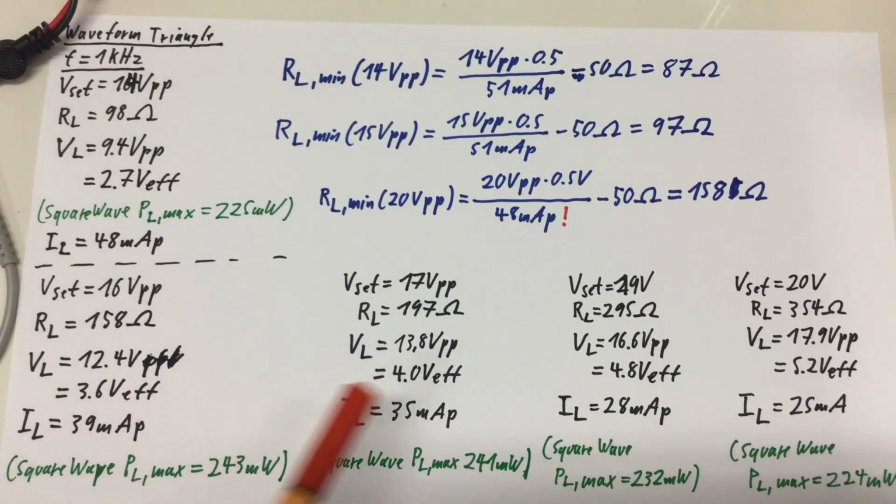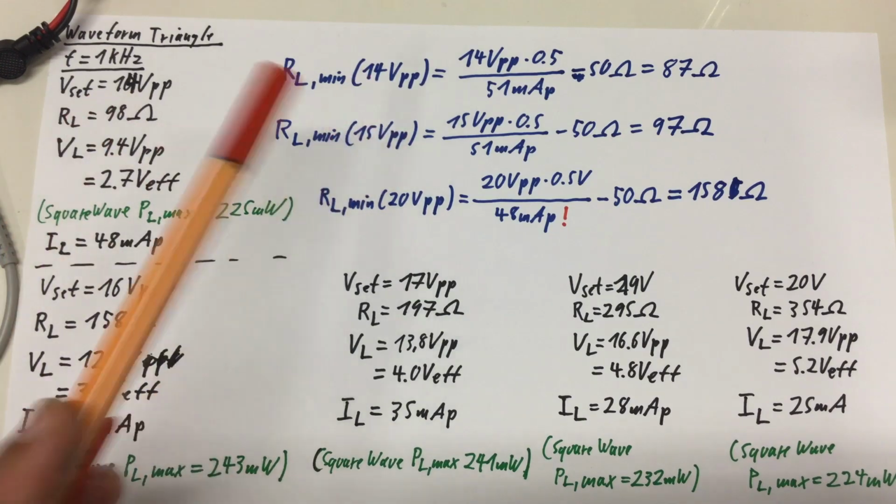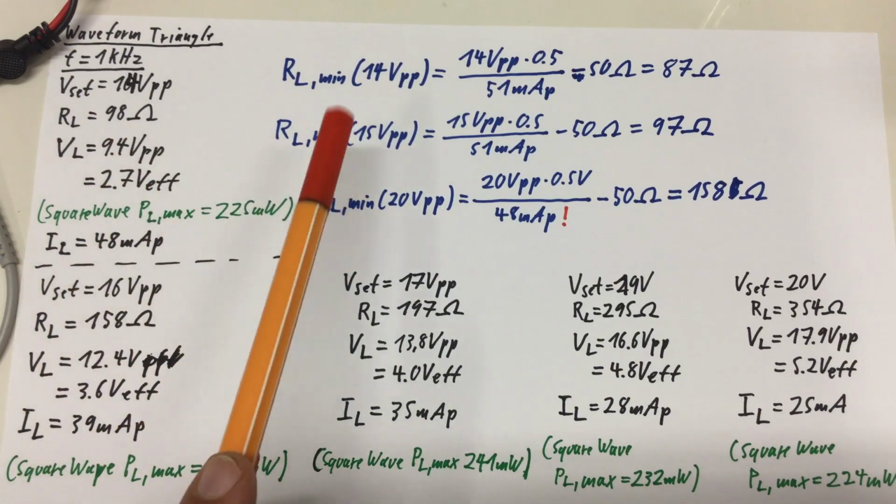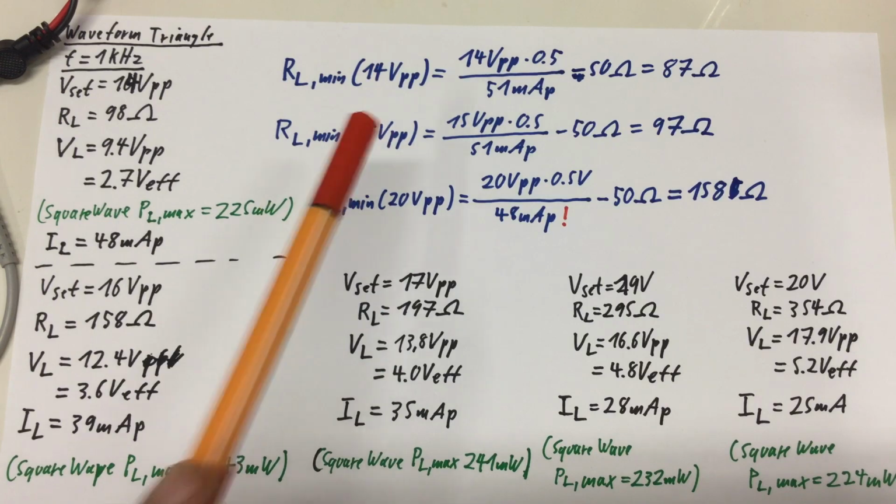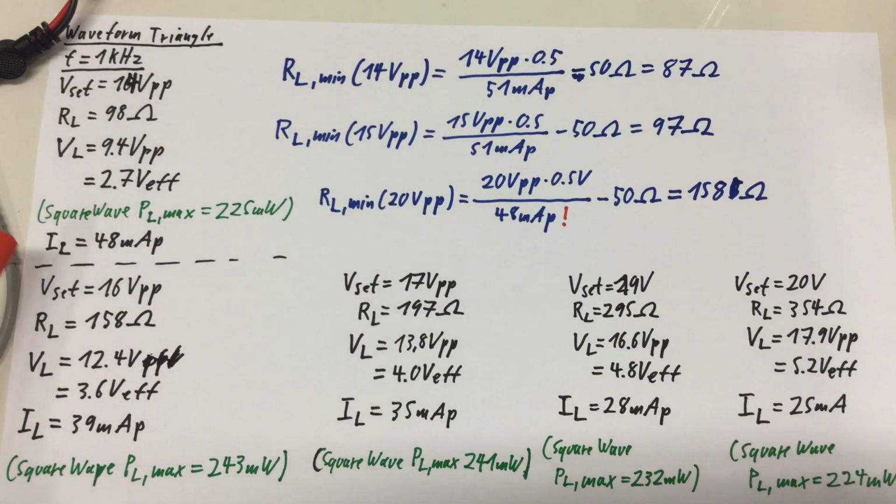So these were all the measurements I took. We started out with a 98 ohm resistor, which should easily have yielded 15 volts peak to peak set voltage with an undistorted signal, but it didn't work out because at 14 volts peak to peak set voltage the unit can only deliver 48 milliamps.